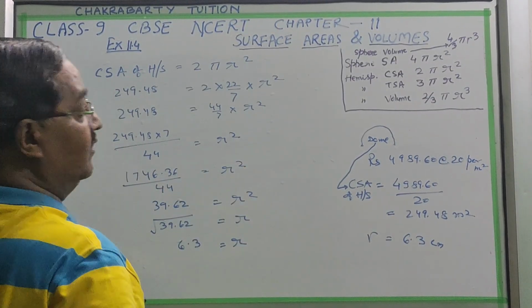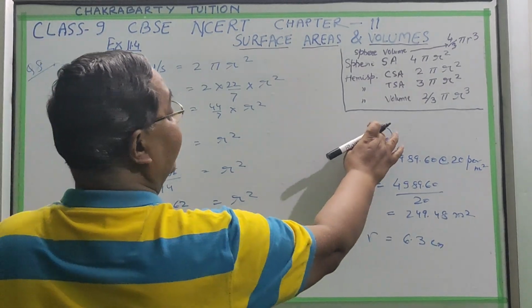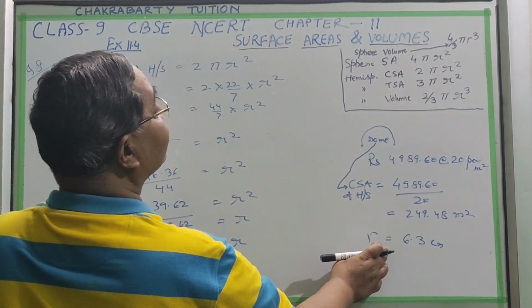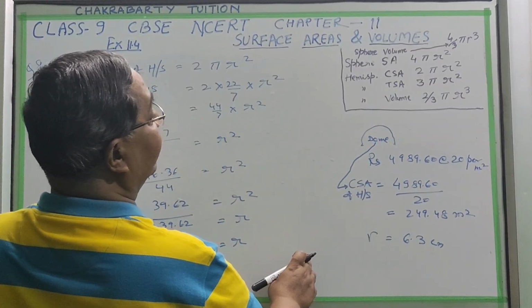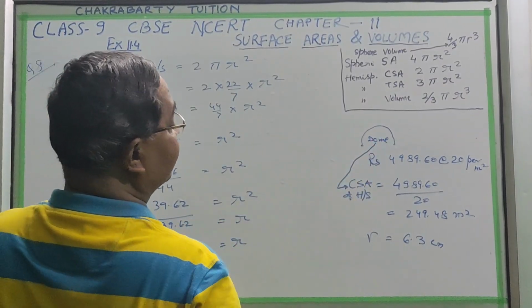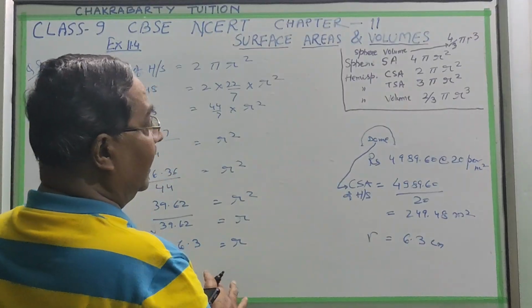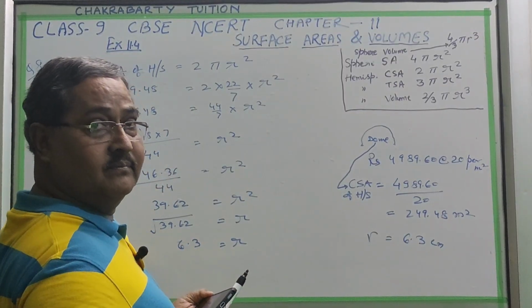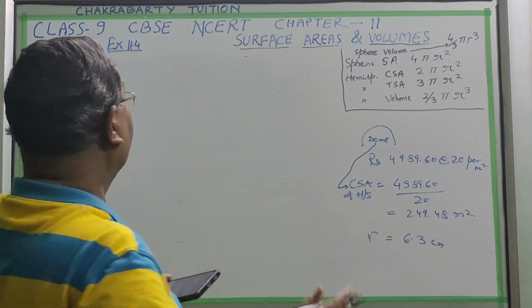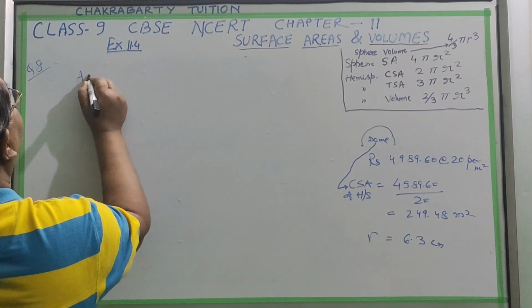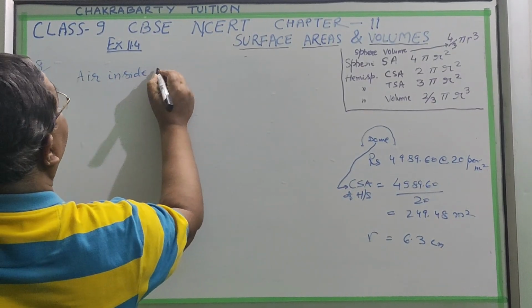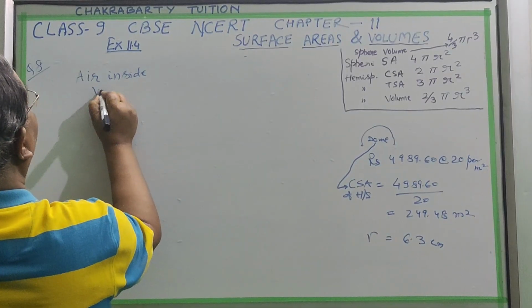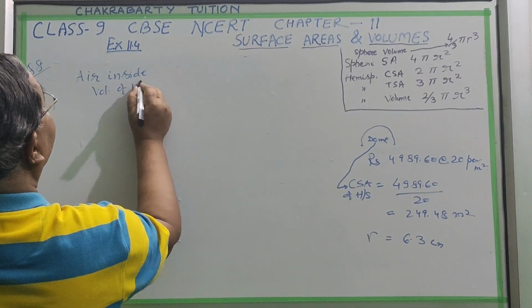Now they want to find out the air inside it. So r is there. If we find the inside air, we can find the inside volume. So air inside is equal to the volume of the hemisphere.